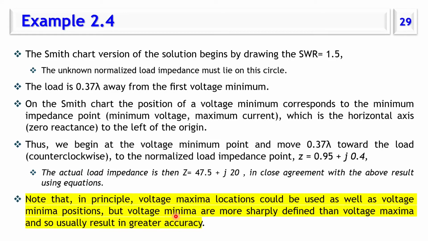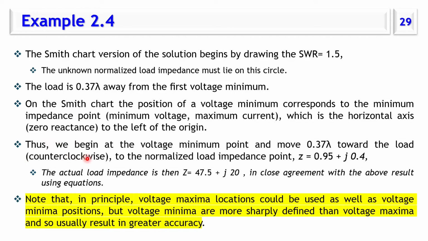We can solve the same problem using Smith's chart. The load is 0.37 lambda away from the first minimum. We know that the minimum on Smith's chart is on the left horizontal axis.